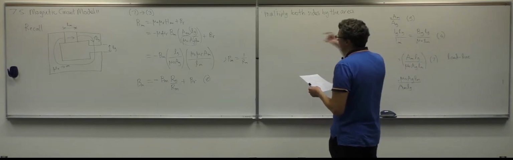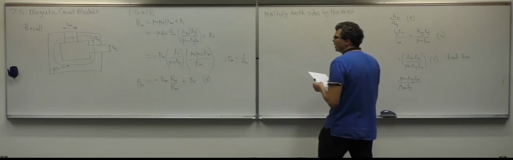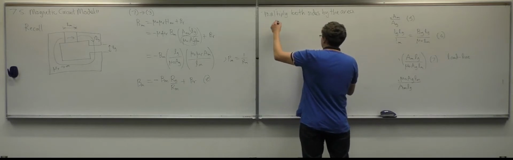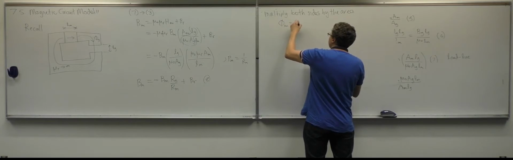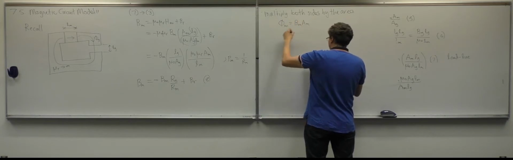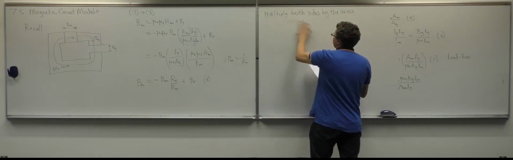If we multiply both sides by the area, and define the magnet flux as Bm, actually, I'll write that after.